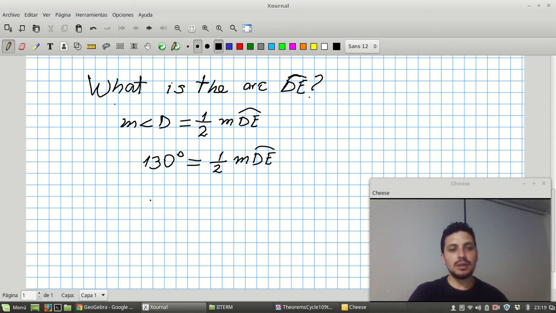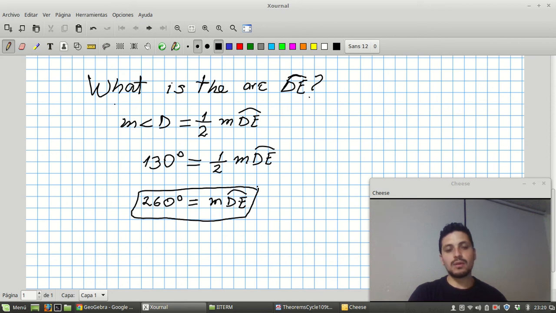So it will be 260 degrees equal to the measure of the arc DE. Okay, and we found the solution.